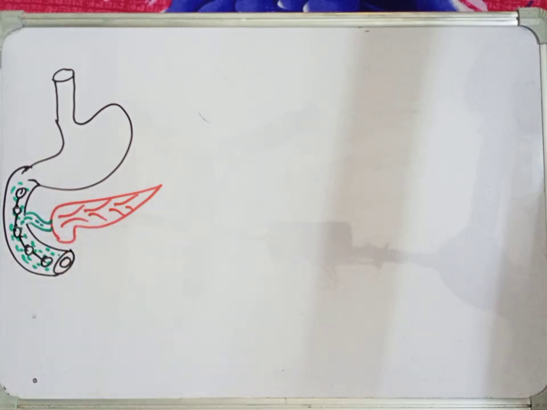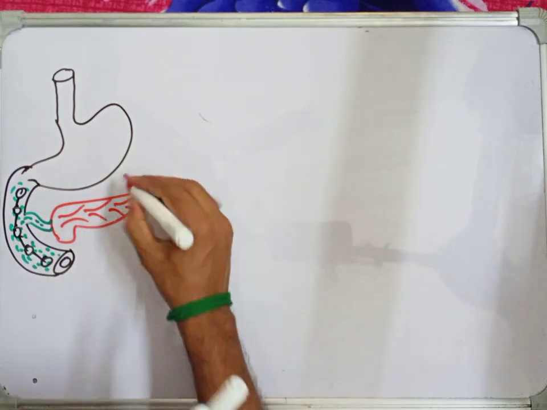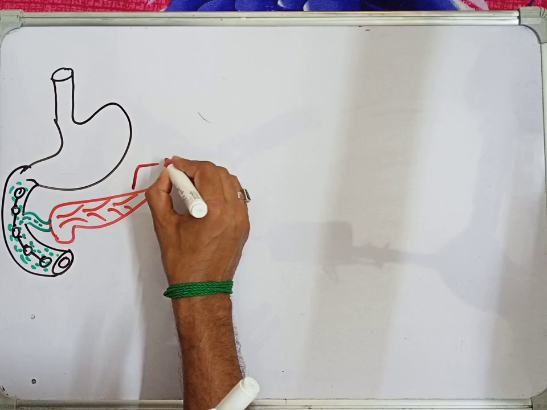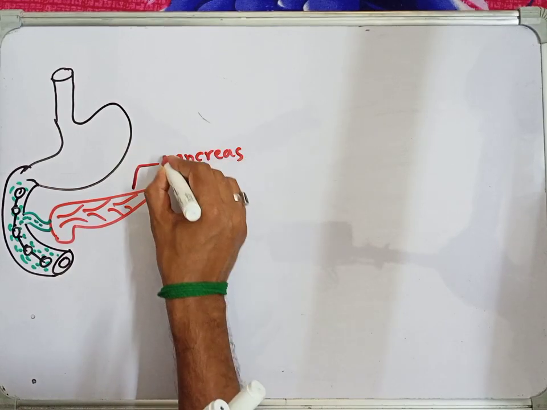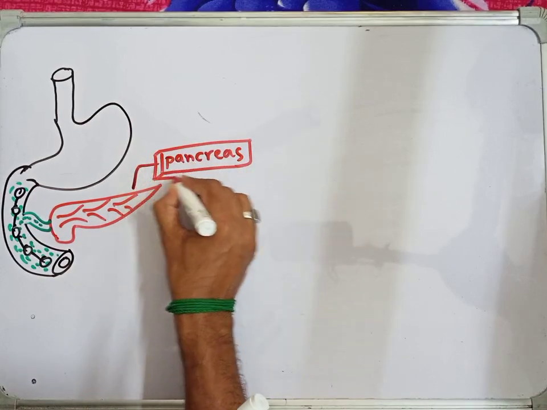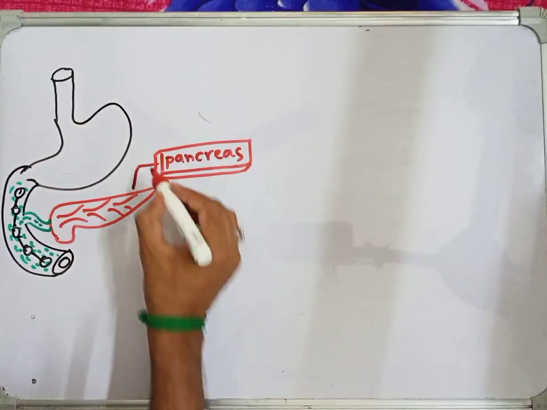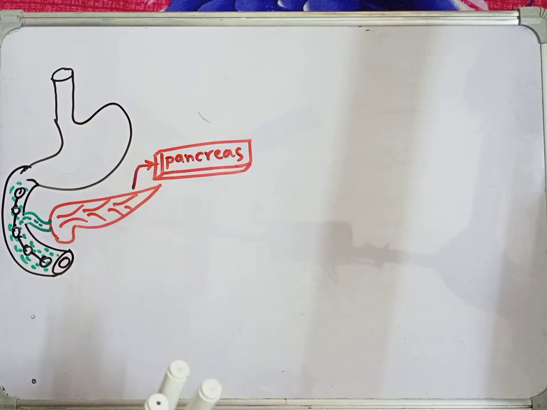This pancreas has really a great role. Pancreas has a very champion and master role in the digestion of protein, as well as this duodenum part, right?